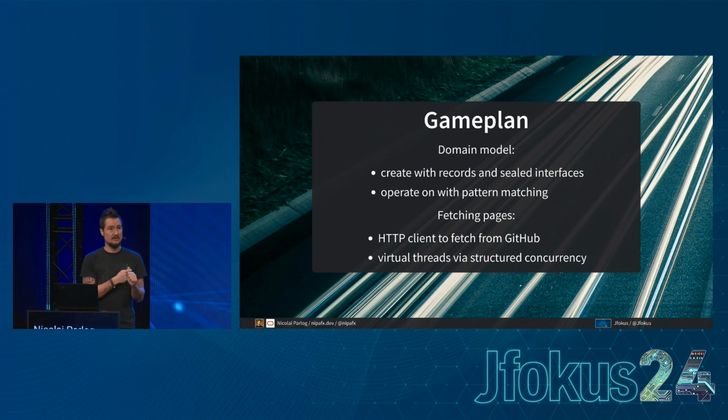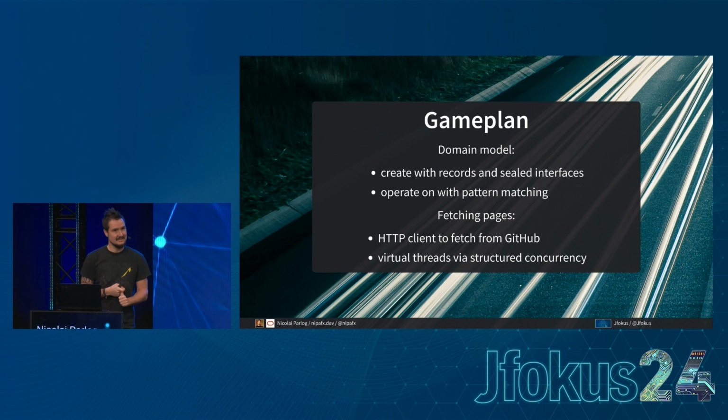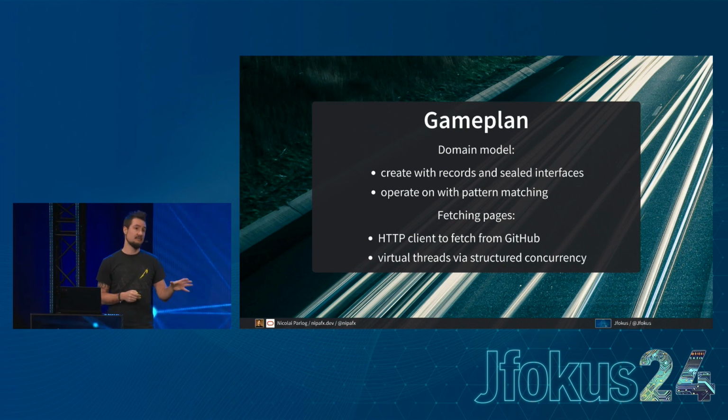To fetch the pages, we're going to use the HTTP client. I just deleted the word new there. It's since Java 11, so it's like 5 years old at this point. So it's just the HTTP client that's on board. And we're going to use virtual threads via structured concurrency to fetch all these pages in parallel without having to care about how many threads we really have.